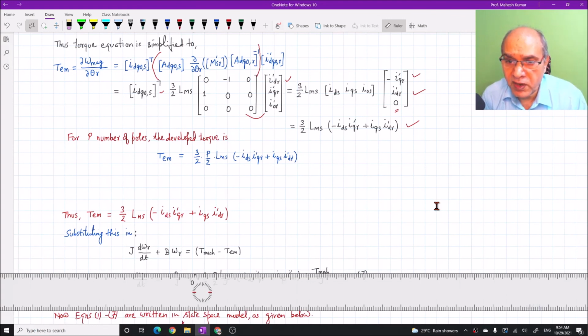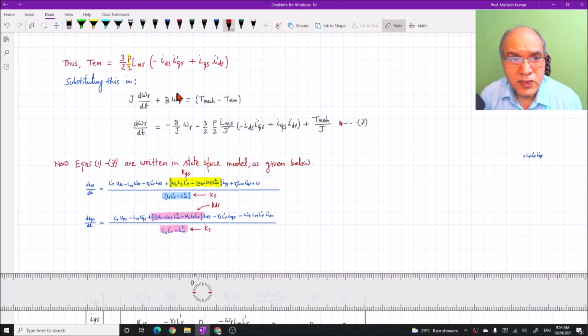This is for one pair of poles, one pole pitch. If we have p number of poles, then this torque equation becomes 3 by 2 into p by 2, so p by 2 is extra for p number of poles, into LMS times minus IDS IQR dash plus IQS IDR dash.